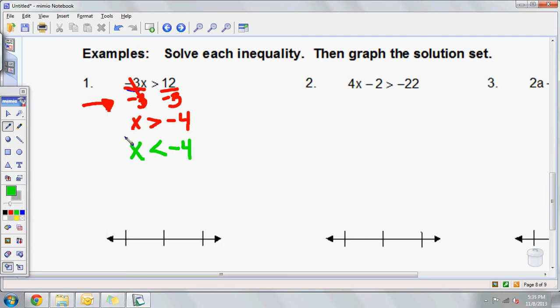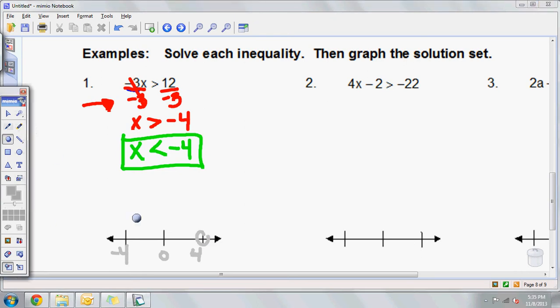If I'm going to graph this now, remember we do our 0, our positive 4, sorry, and then our negative 4. We're going to have an open circle at negative 4, and you're going to shade everything less than that. So you'd go this way.